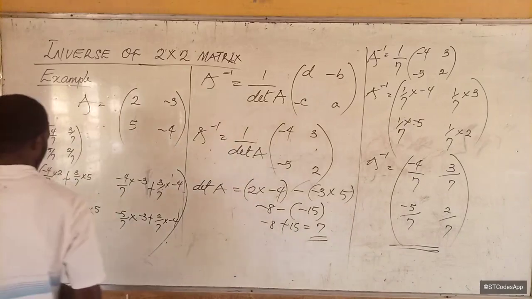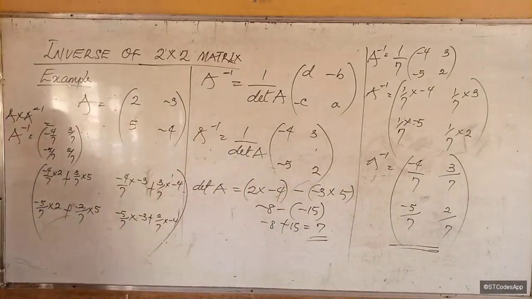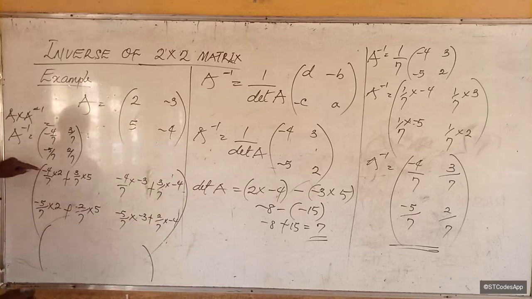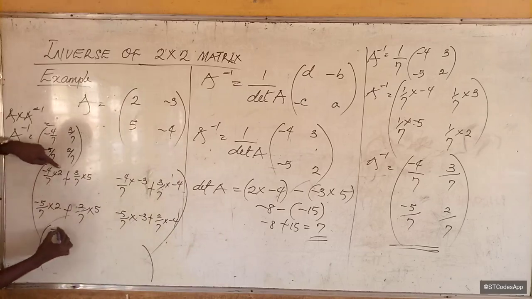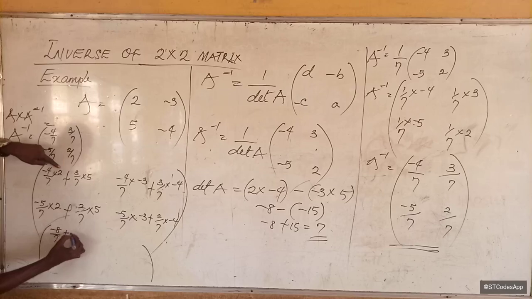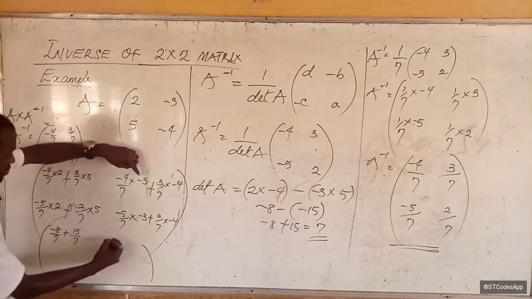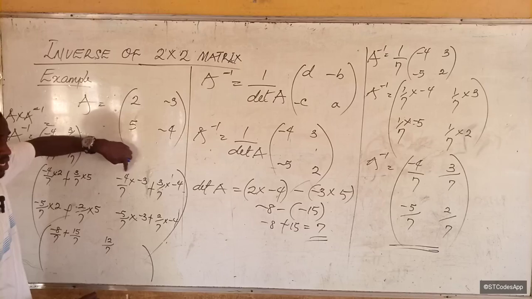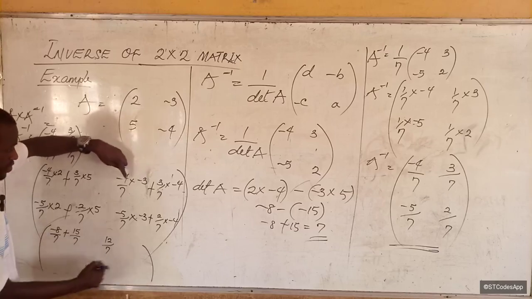All right, so with that, upstairs here we're going to have minus 8 over 7 plus 15 over 7. And here we have 12 over 7, that is minus times minus is plus, and 4 times 3 is 12.